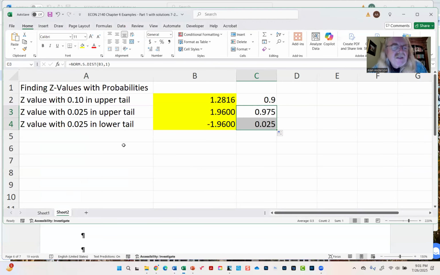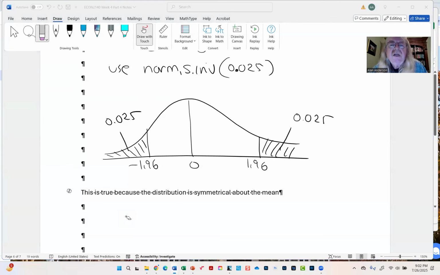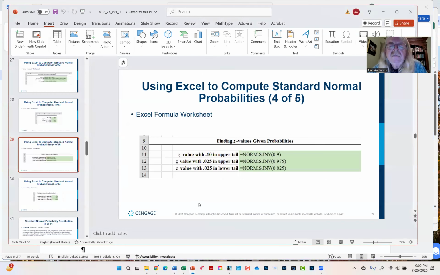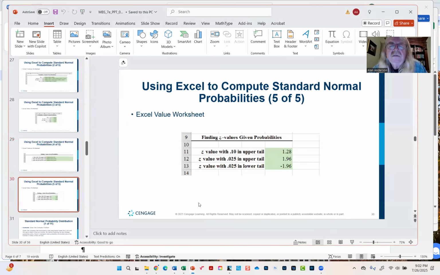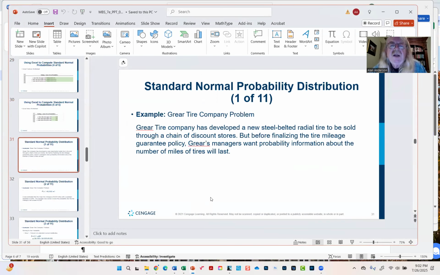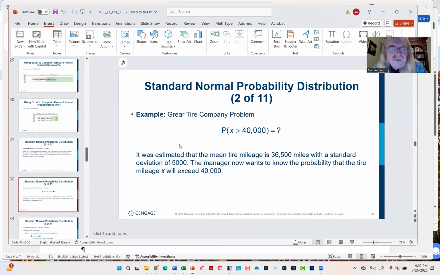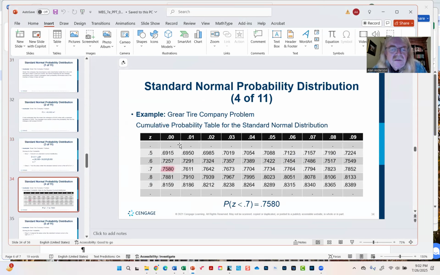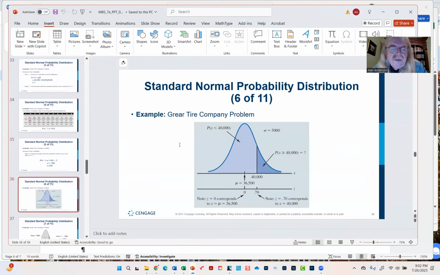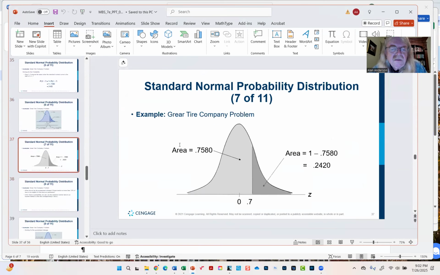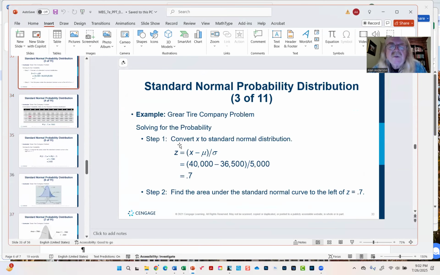Okay, well, that was interesting. So that was part one of this sheet. So what's next? A problem. Now, there's another spreadsheet for this, I believe. Oh, maybe not. Actually, I think we have to do this one algebraically.